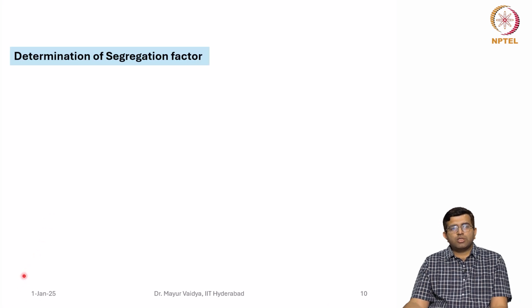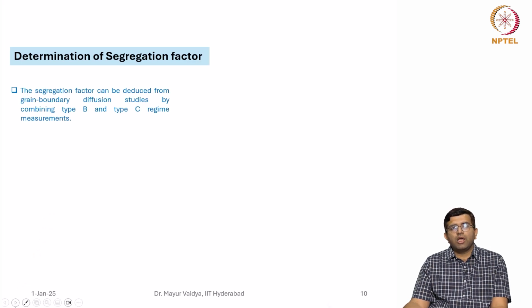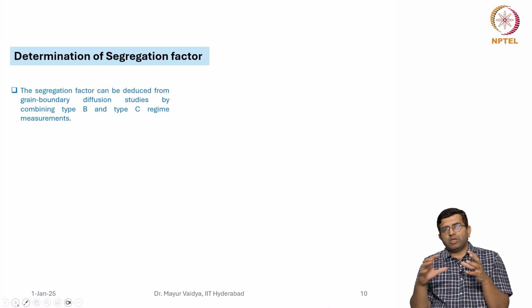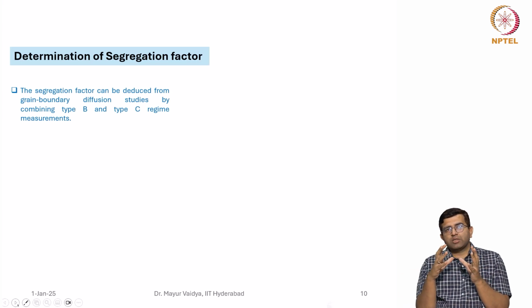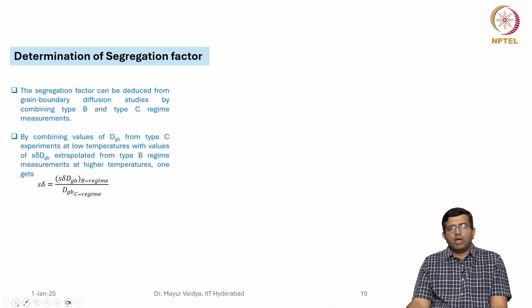Now, just a word on how you determine the segregation factor. Remember, the segregation factor can be determined by combined measurement in B and C kinetic regimes. You remember in the B kinetic regime what we measure is S delta into DGB, whereas in the type C regime we can directly measure DGB.